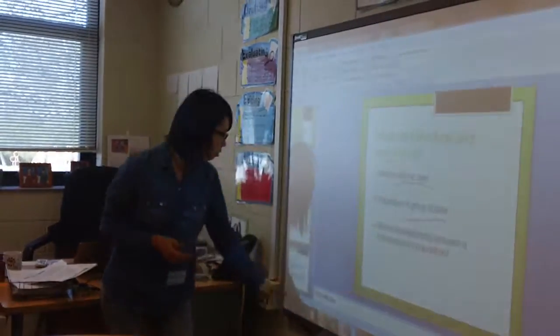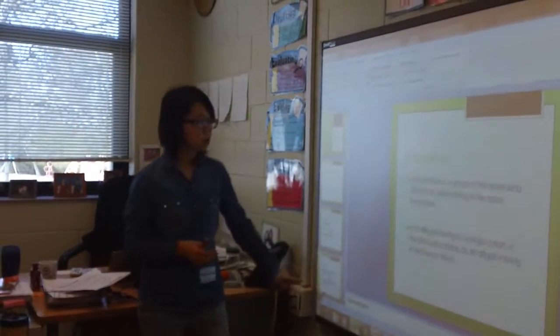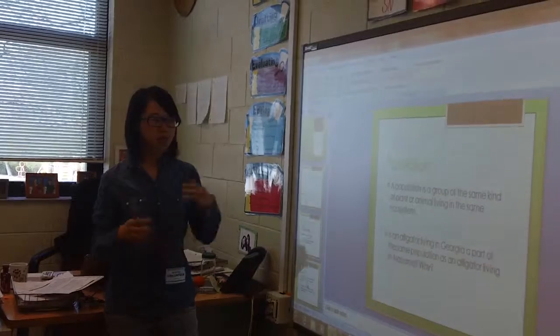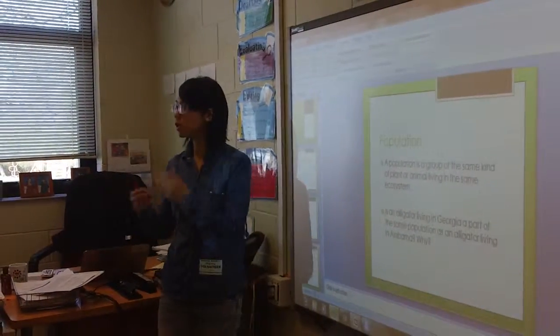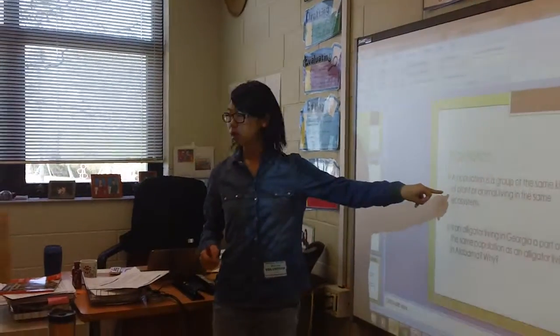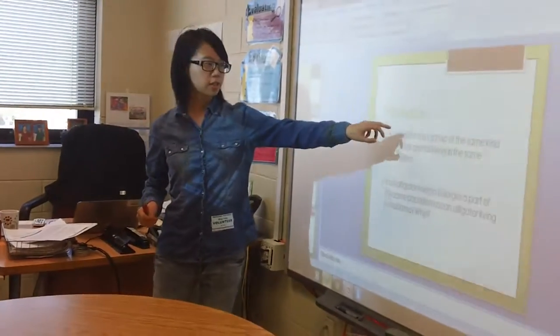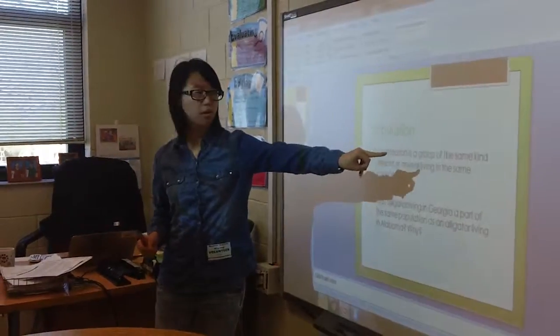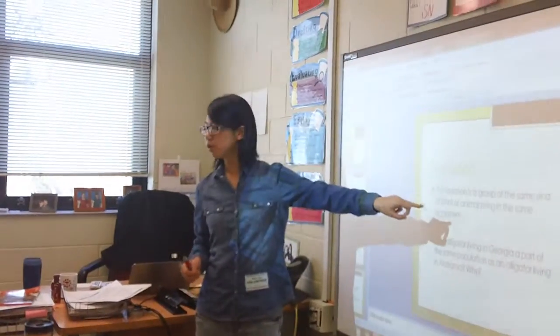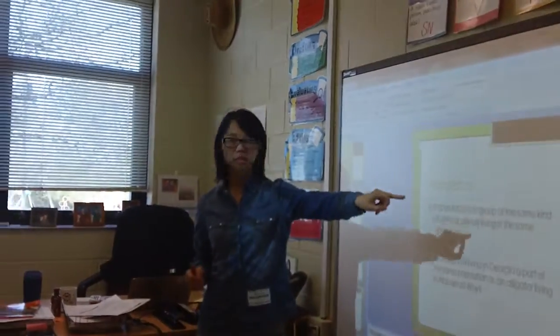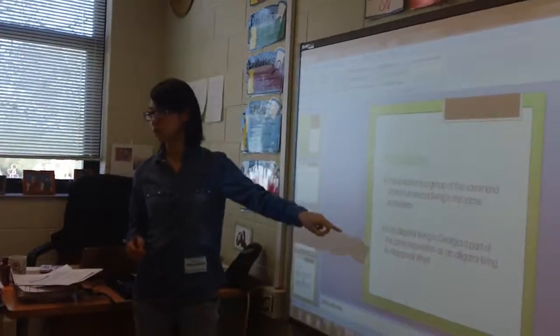Okay, so right now, let's read the definition of the population together. A population is a group of the same kind of plant or animal living in the same ecosystem.